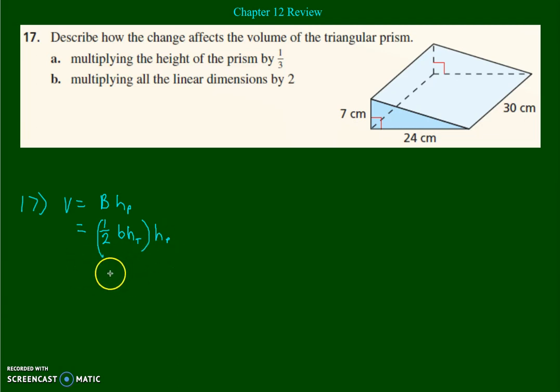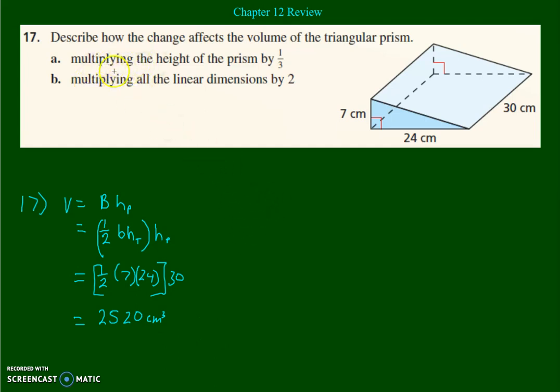Now let's go ahead and put in our values and see what we get. This is 1/2. The length of the base is 7 times the height of the triangle, 24, times the height of the prism, which is 30. That's going to get us 2520 cubic centimeters.